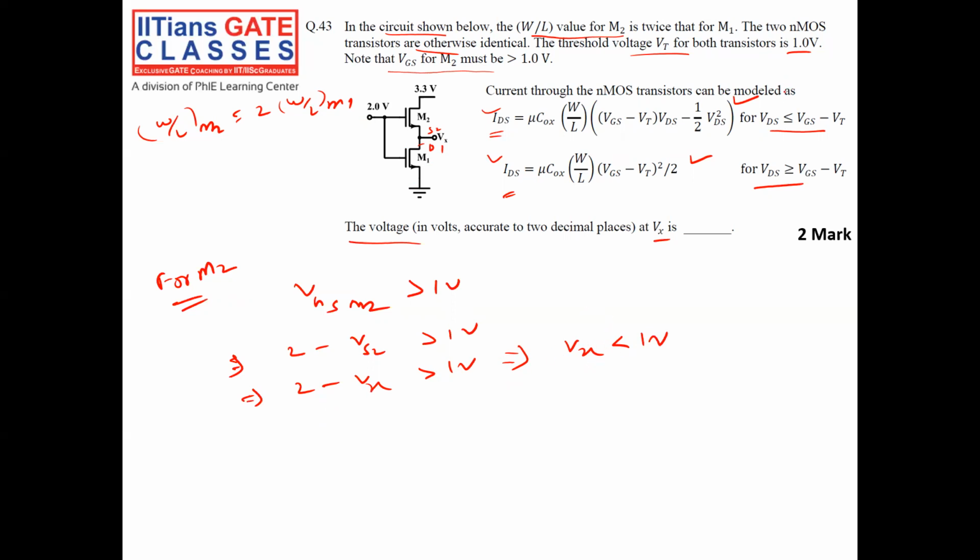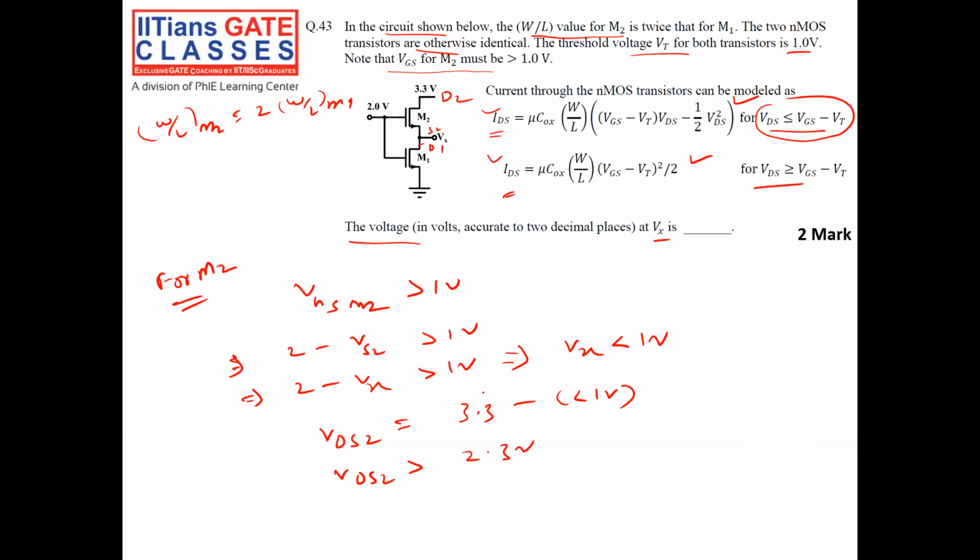Now we will determine the condition of this one. What is VDS2? VDS2 is equal to 3.3, the drain 2, minus the source, which is less than 1 volt. This implies VDS2 is 3.3 minus Vx, so it should be greater than or equal to 2.3 volt.